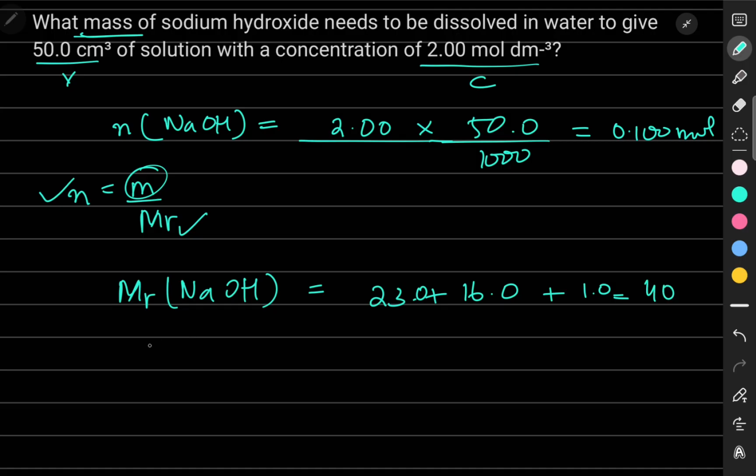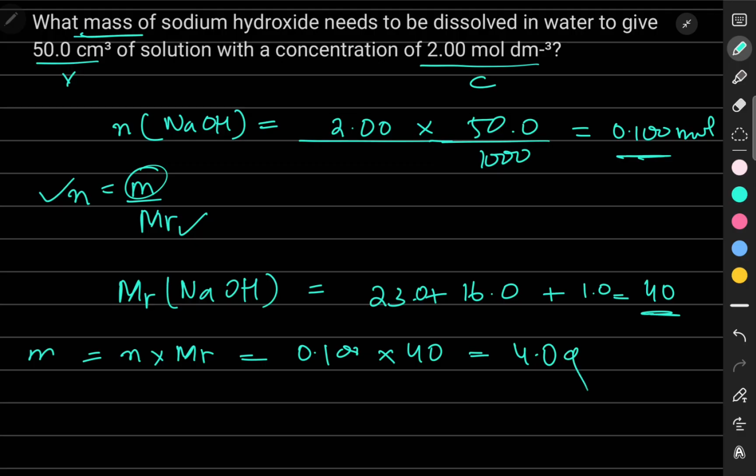Okay, now I can rearrange this equation. n times Mr is what gives me mass. So I'm just going to use my number of moles and the Mr. 0.100 times 40 is going to give me 4 grams of sodium hydroxide. And that's it.